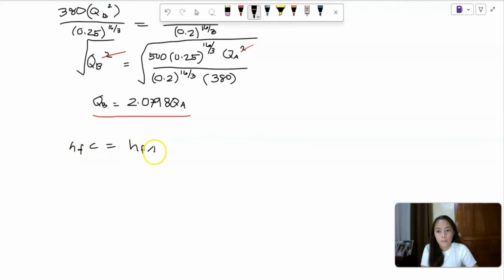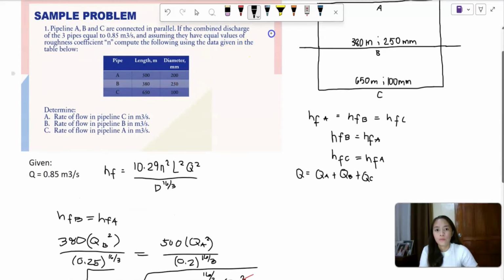So to get the value of Q sub A, for question A, we will use this formula. Q is equal to Q sub A plus Q sub B plus Q sub C. We all know that Q is equal to 0.85.